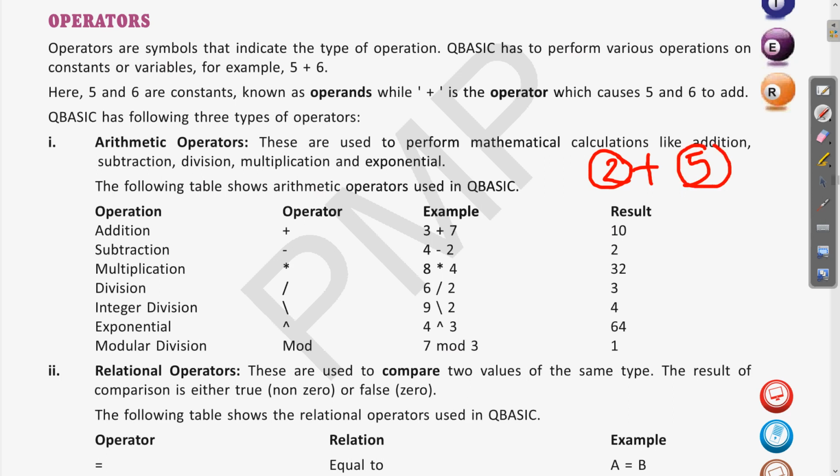Clear? Similarly, if I write 5 plus 6, the plus symbol is the operator, and 5 and 6, which are constants, are the operands. The concept of operator and operand is important to understand: the symbol we use is the operator, and the number on which it is used is the operand.